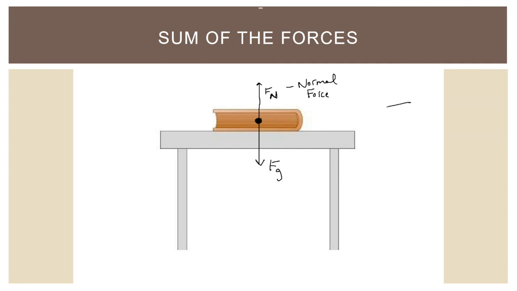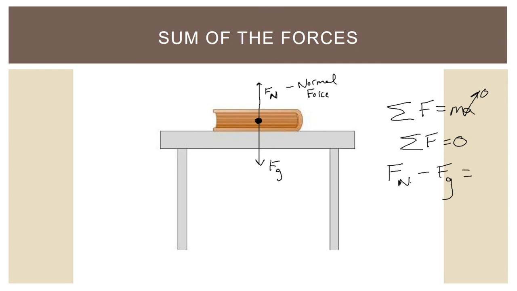And so what we can say here is that the sum of the forces equals ma, as always, but the acceleration is 0. So that means the sum of the forces equals 0. When we have two forces acting in opposite directions, we subtract them. The normal force is going up, so we'll call that positive, and the gravitational force is coming down, so we'll call that negative.